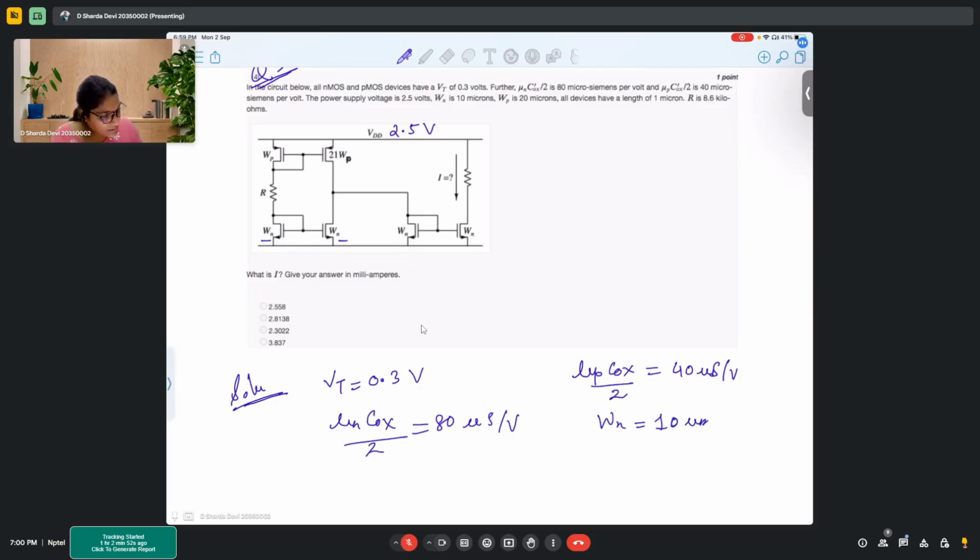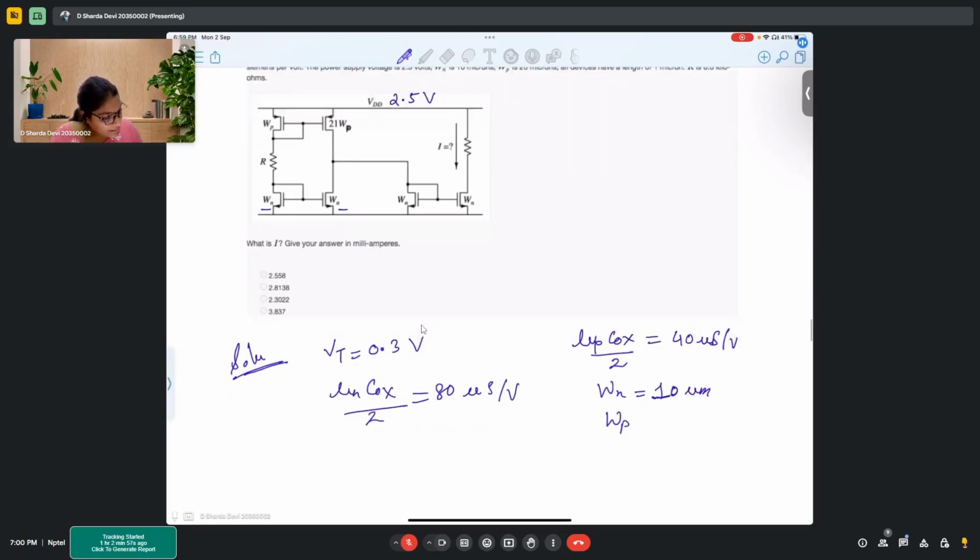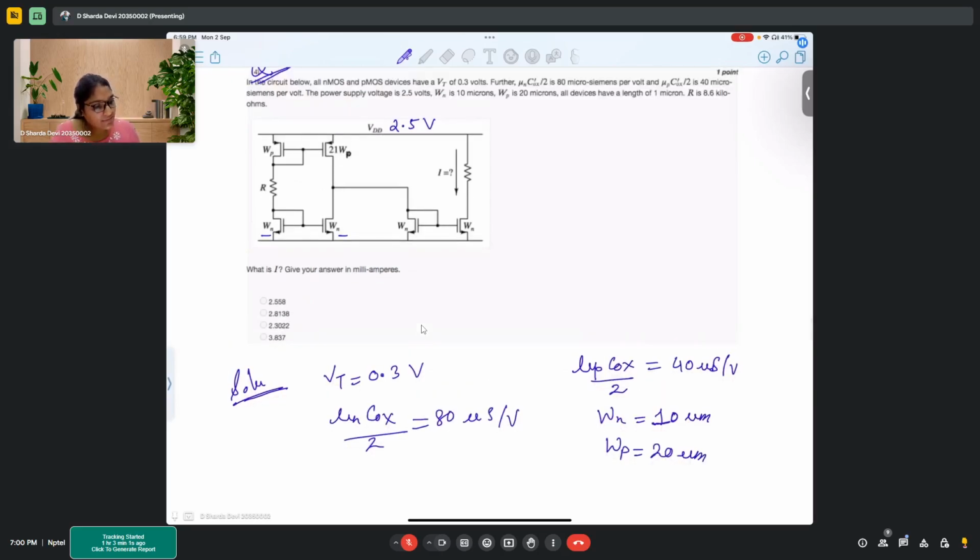Microns is micrometers, okay? 1 micron is 1 micrometer. And Wp is 20 micrometers. All the devices have a length of 1 micrometer, so L is 1 micrometer. And this R is 8.6 kilo ohms. With this, we have to find the value of I, right?